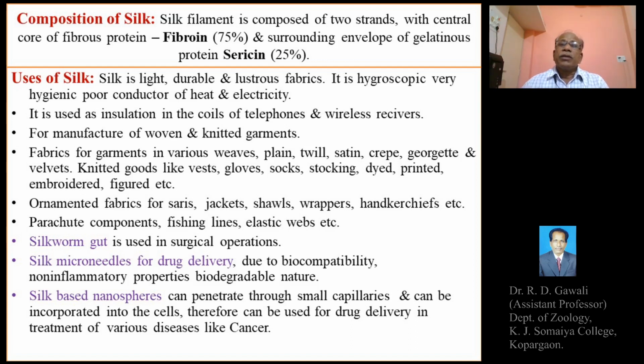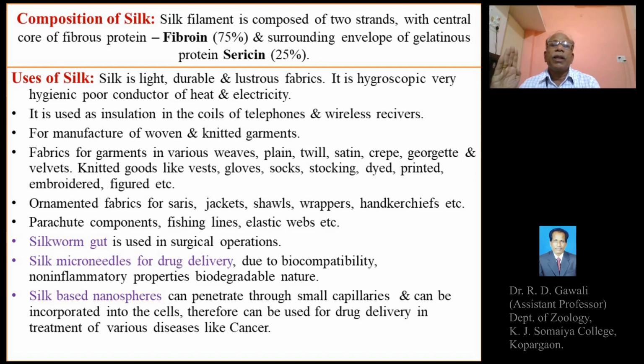We know the silk filament is composed of two strands with a central core of the fibrous protein called fibroin that contributes 75% thickness in the central core, and a surrounding envelope or coat of the gelatinous protein called sericin that contributes the outer 25% thickness of the silk thread.